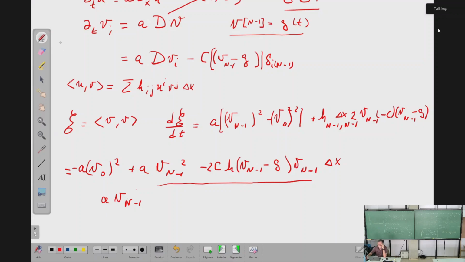So there is a positive term here that is A minus 2CH delta X times Bn minus 1 square, and then I have a term which is plus 2CHG Bn minus 1 delta x. Okay?